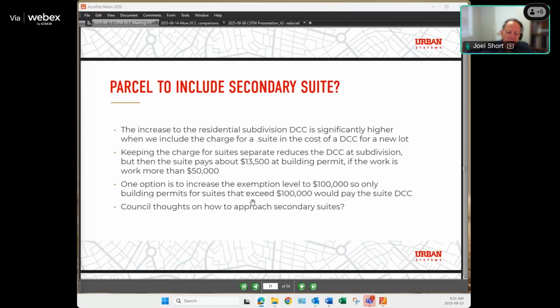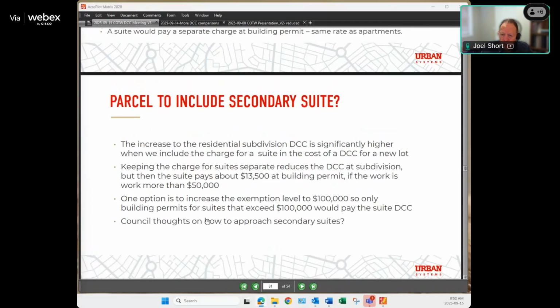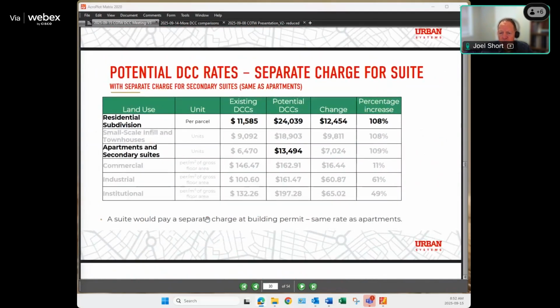And as I already mentioned, we have this option to increase the exemption level to $100,000, or you can choose whatever number you want, but $100,000 is what some communities are going with. So there's room for more discussion on how to approach secondary suites when you look at the actual numbers. But of course, I'm also happy to talk about the actual DCCs themselves and the magnitude of the increase.